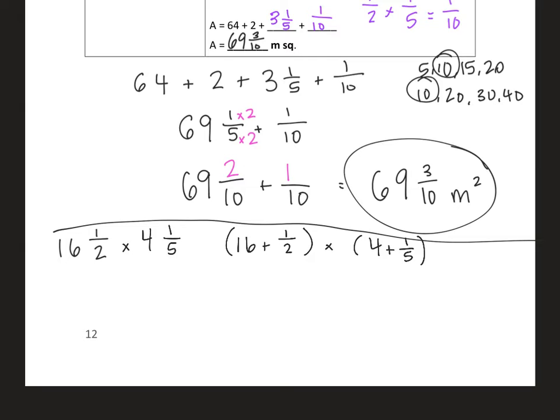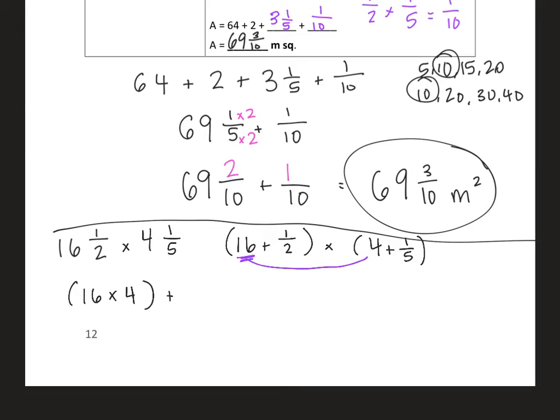Okay, and now I'm ready to use the distributive property to create 4 smaller multiplication problems. Okay, so first I'm going to start with my first number, 16, and I'm going to first multiply 16 by 4. So I'm going to come down here and I'm going to write 16 times 4, okay, plus.